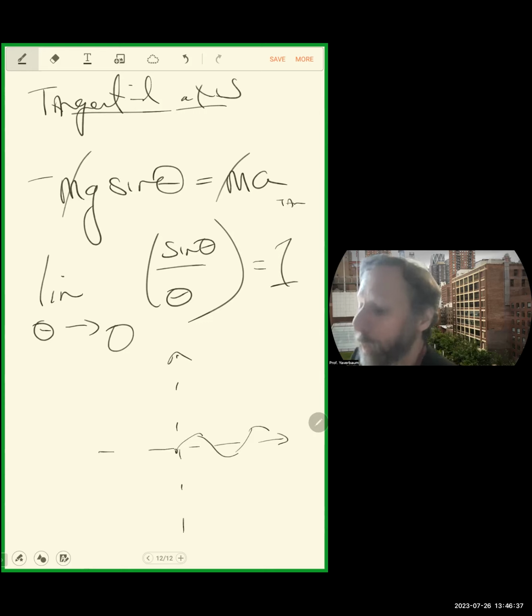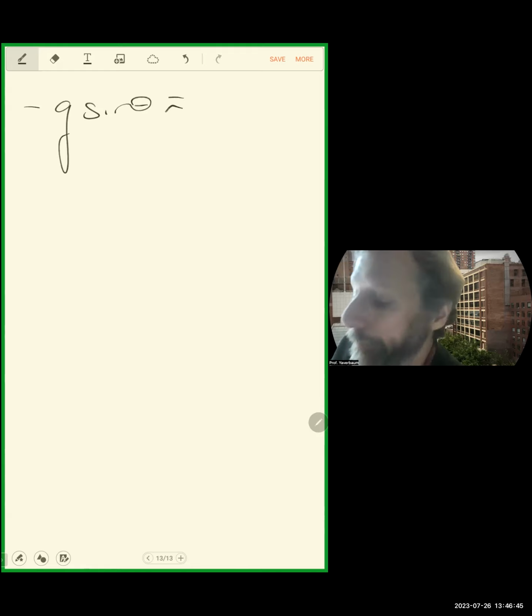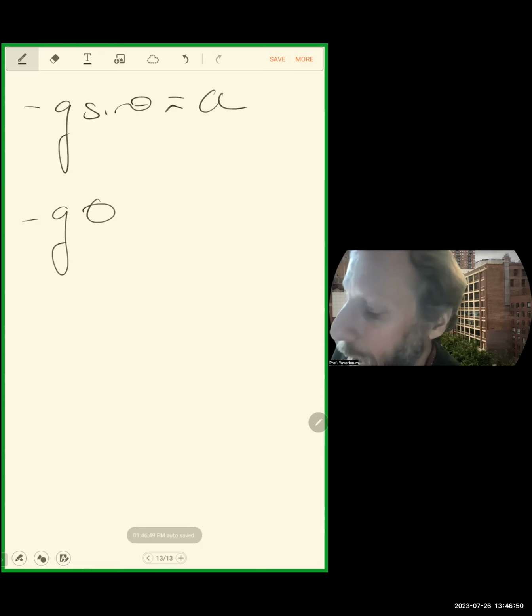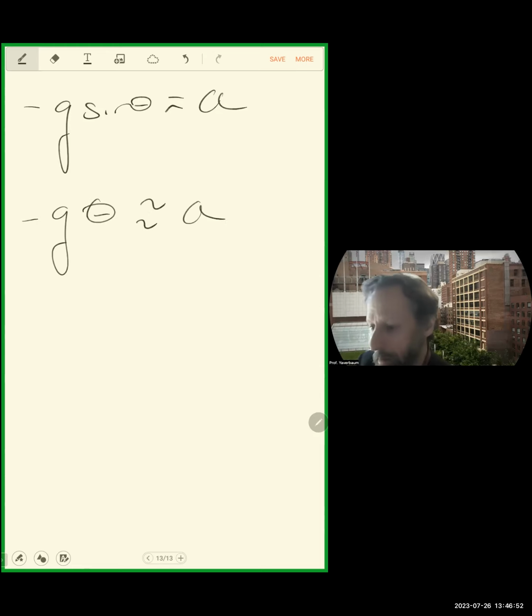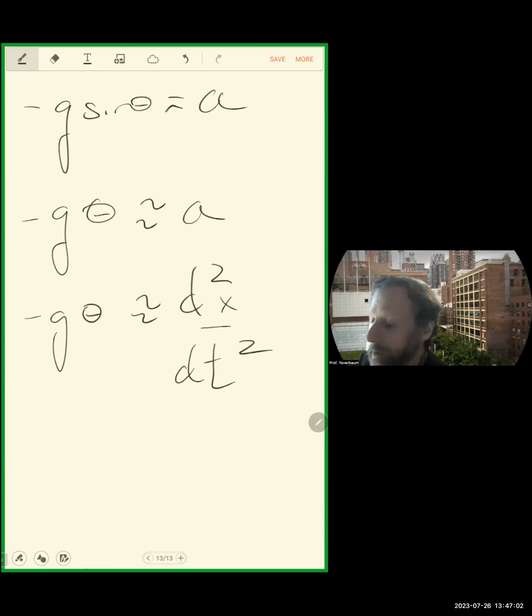So in these small angles, we can substitute and say if negative g sine theta equals a, then negative g theta approximately equals a. What am I forgetting? Right. And what is a? It's that. And what is that?